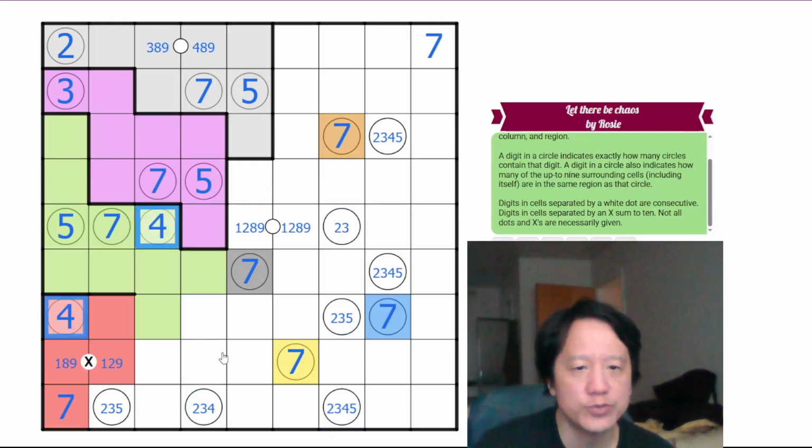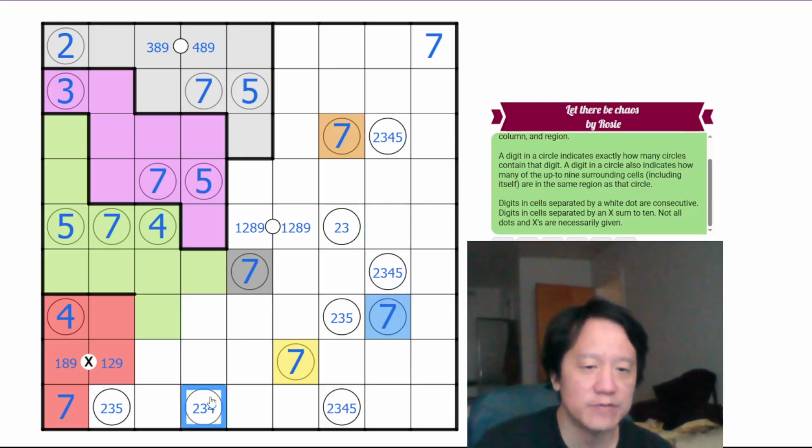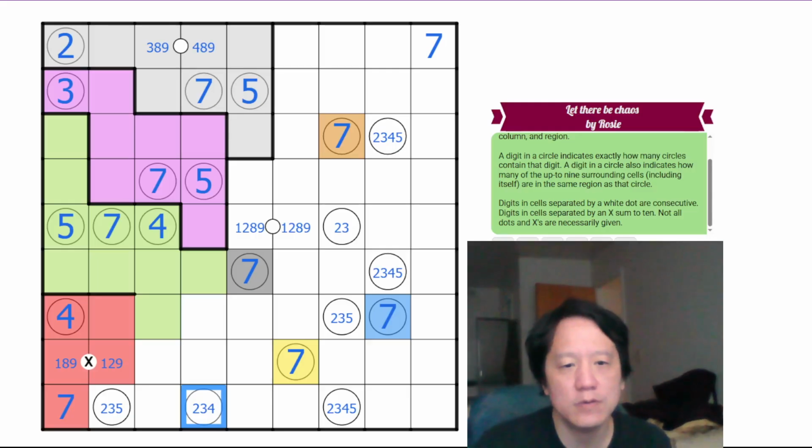How many 4s do we have in circles? We are guaranteed one of them here, and then one of them here, which are the 4s, right? Sorry, we are guaranteed because they have to have 4 4s. There has to be one here, and then there must be one here.